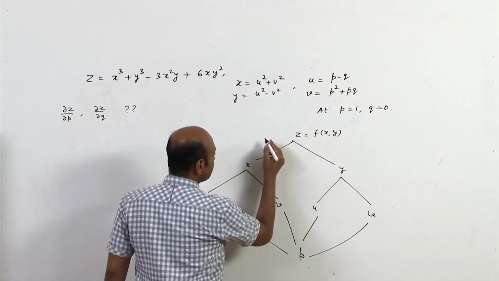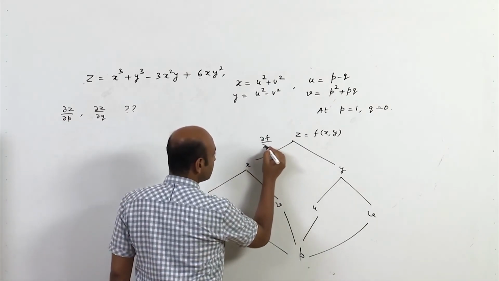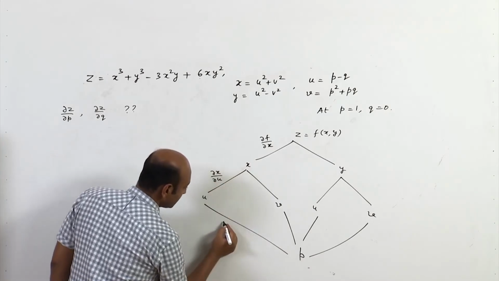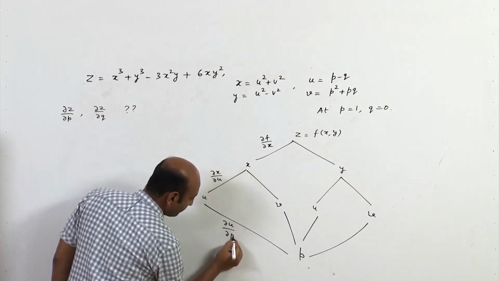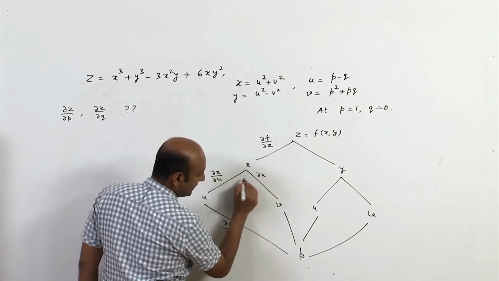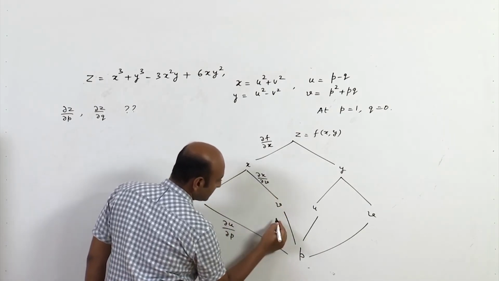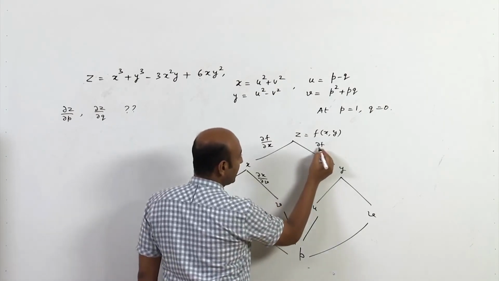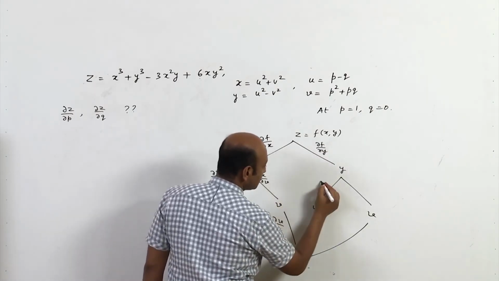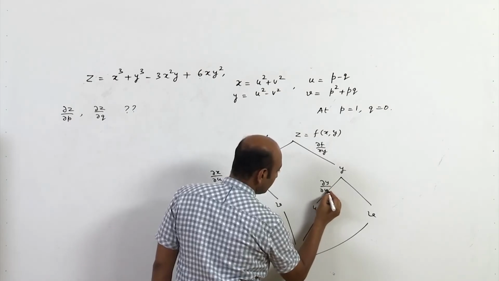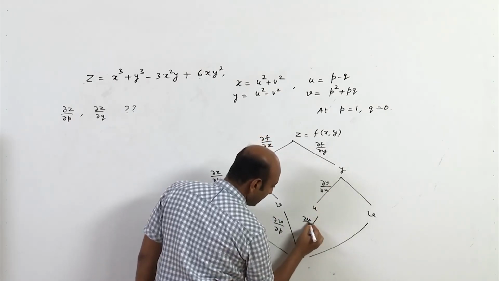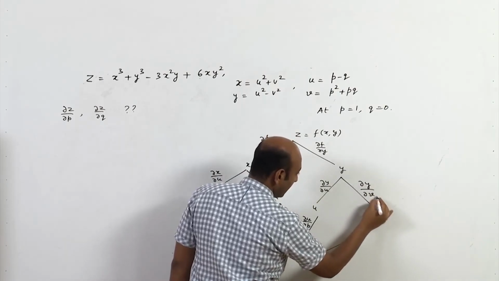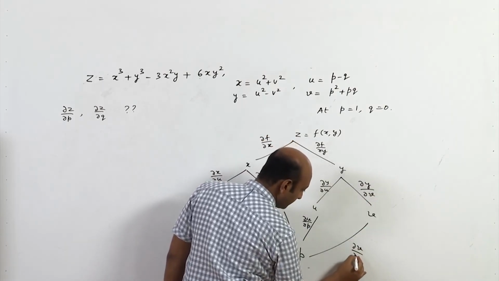So, this is basically del f by del x, this is del x by del u, this is del u by del p, this is del x by del v, this is del v by del p, this is del f by del y, this is del y by del u, this is del u by del p, this is del y by del v and this is del v by del p.